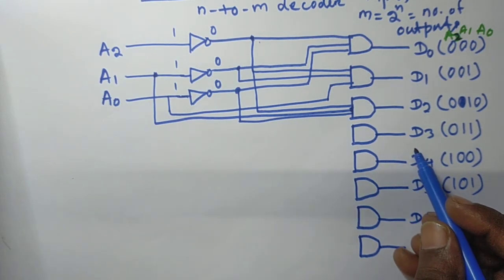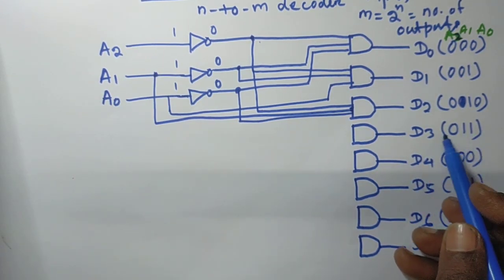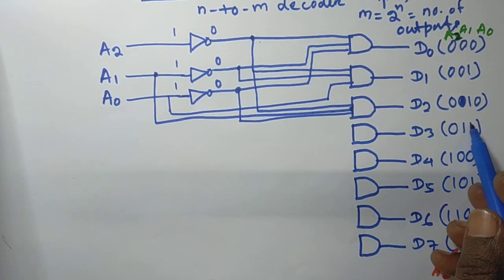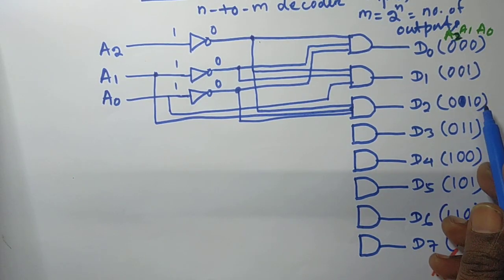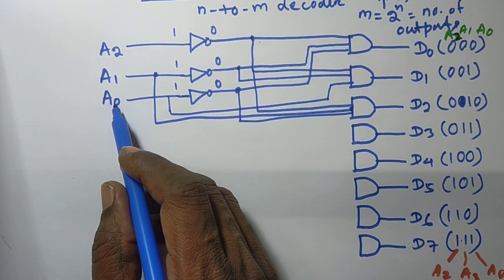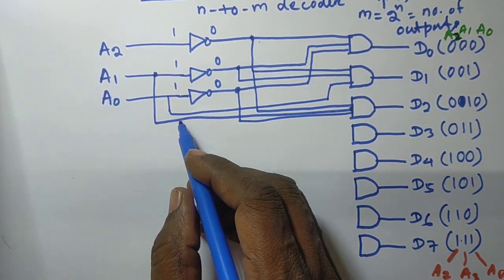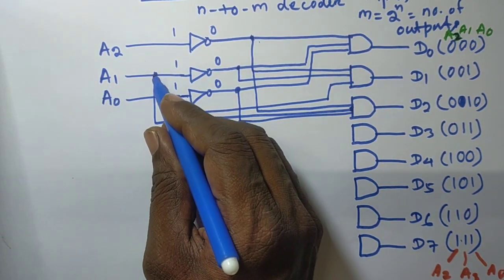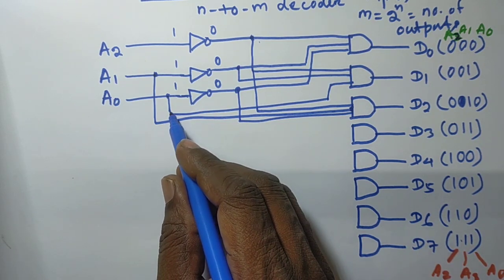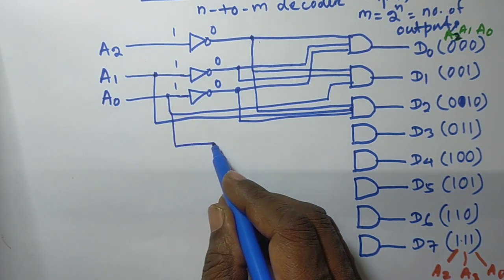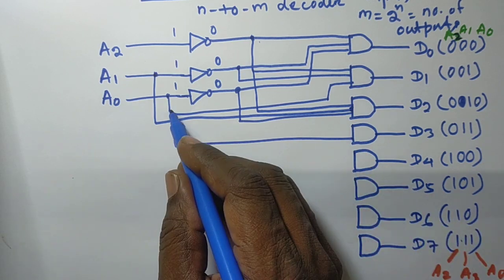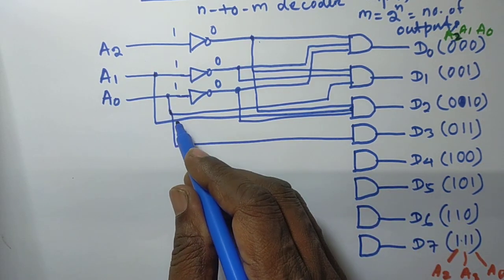Similarly, for D3, A0 is 1 and A1 is 1. Very simple: it is 1, it is 1, so we directly connect them.